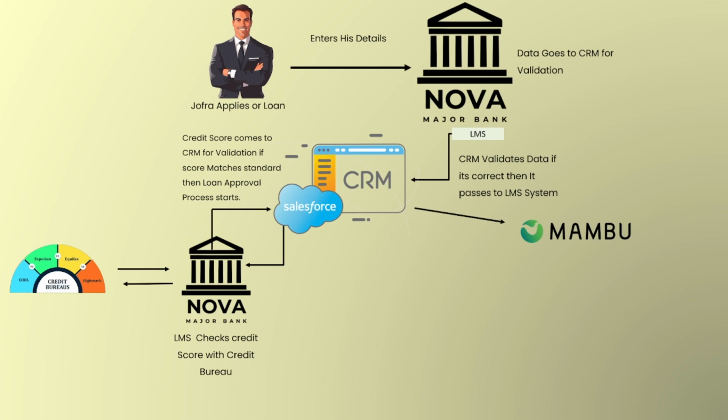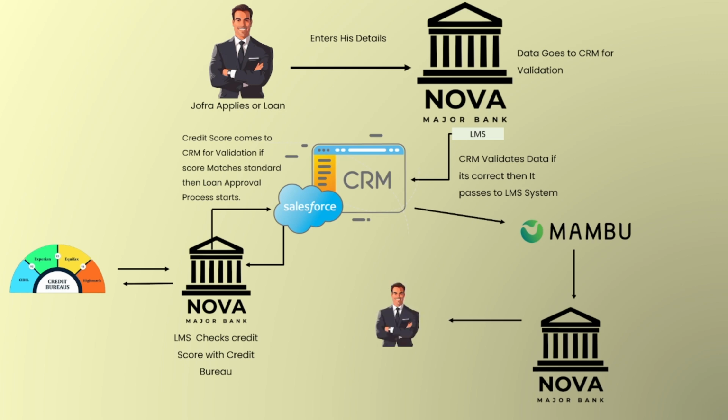So Mambu, which is the core banking system, will process the data and everything they perform, and they will give the disbursement amount to Noah Major Bank, and via Noah Major Bank it is passed to Jofra's account. So in this way everything is going on.